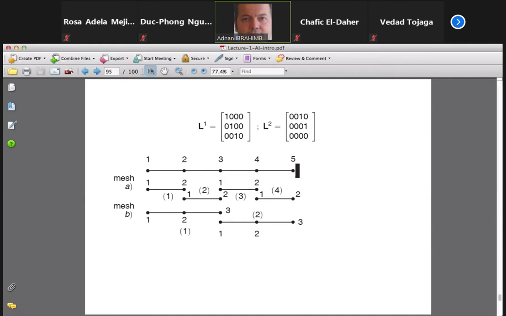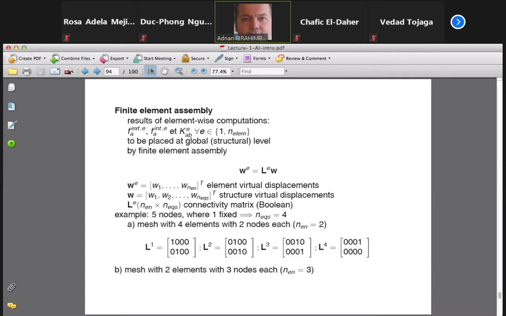Simply, for the first element of the mesh consisting of these 2-node elements, it would be to say that W1 globally is the same as W1 locally, and W2 locally is the same as W2 globally. So that's why you have this first one, 1 and 1, which says that W1 of the first element is the same as W1 globally, and W2 of the first element is the same as W2 globally.